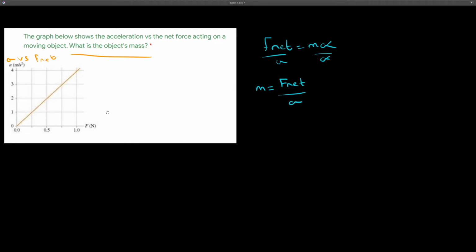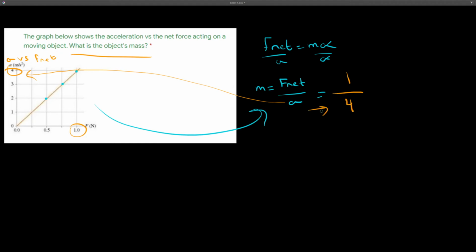What can we do here? Simply take any point we want. We can take the easiest point here, 4, and plug it into this formula. So F net is 1, so we're going to do 1 over the acceleration, which is 4. So 1 over 4.